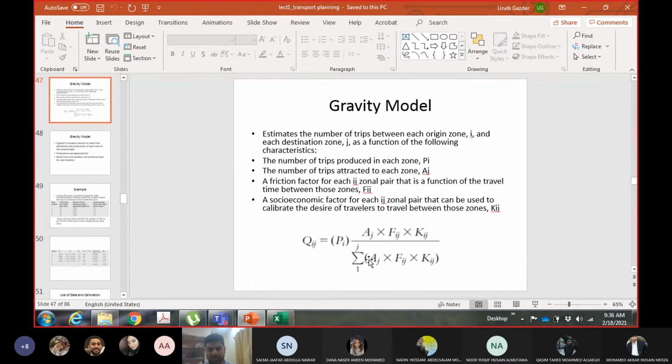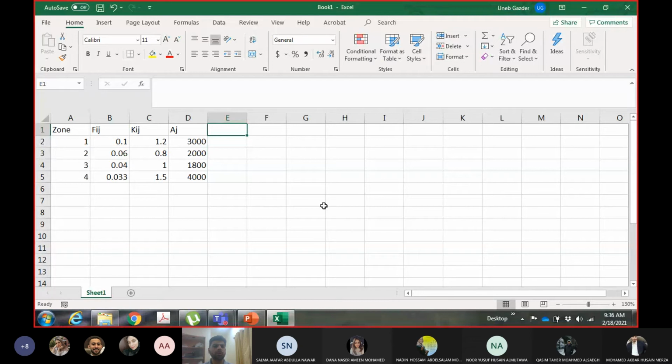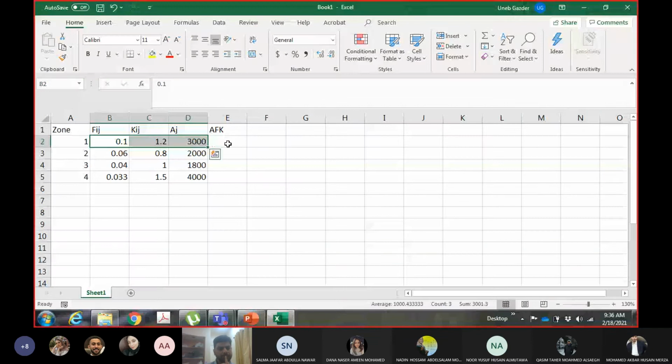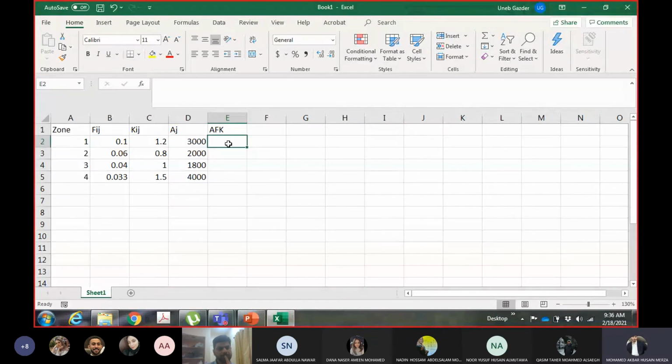Let us calculate the summation of A into F into K for each zone. Give me the value of A into F into K for each zone here. For each zone, you must multiply these three values. First one 360.